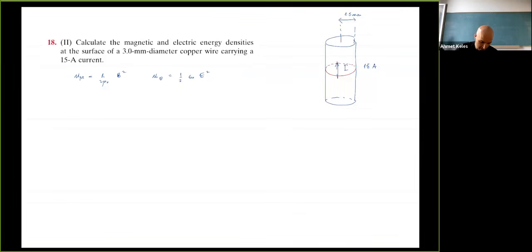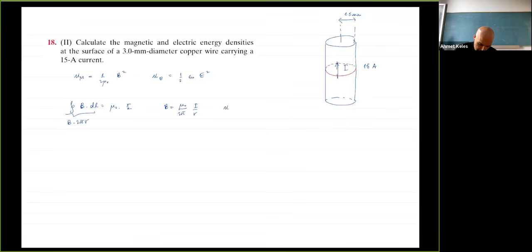And for this, I can just do again Ampere's law. B dot dl is equal to mu0 times I enclosed. In this case, enclosed current is all the current you have, which is I. Then B times 2 pi r. Then B is equal to mu0 over 2 pi I over r.